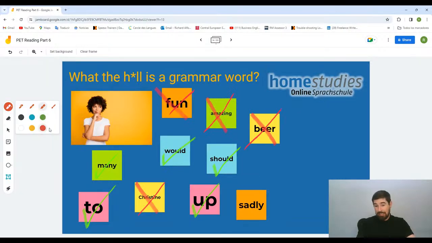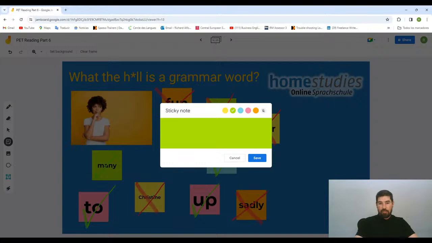And sadly is not a grammar word. Sadly is an adverb which describes the situation of something. Okay. Sadly, he didn't pass because he did no study. Or sadly, it's not easy to learn a new instrument or whatever. So that's a kind of a list of grammar words. So grammar words all have a grammatical function.